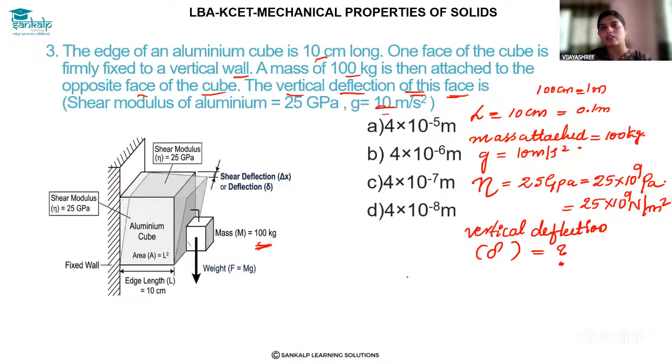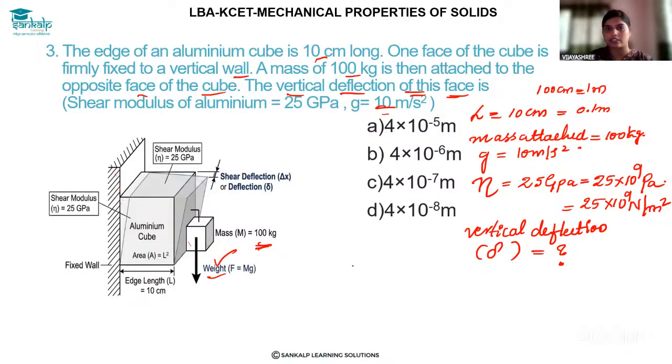First, let us try to find out the applied force. Applied force acting on the cube is nothing but its weight, right? Force acting on this cube is nothing but its weight. Weight is mass into acceleration due to gravity.